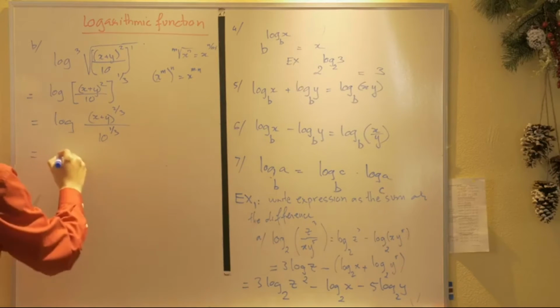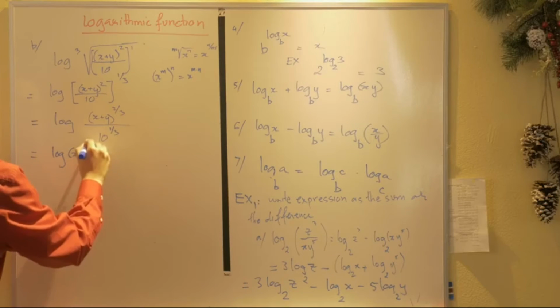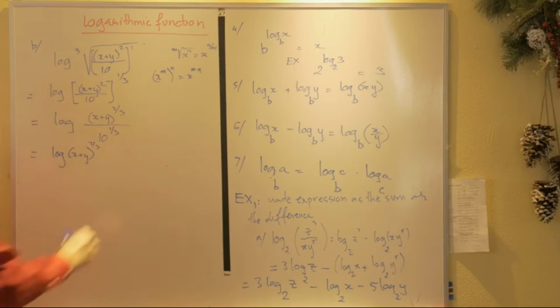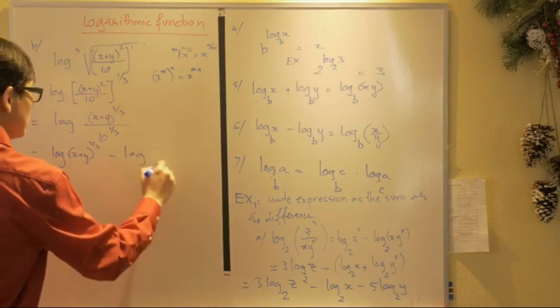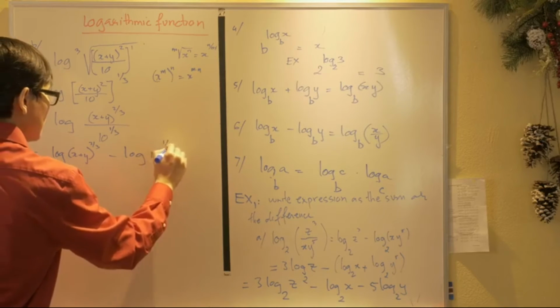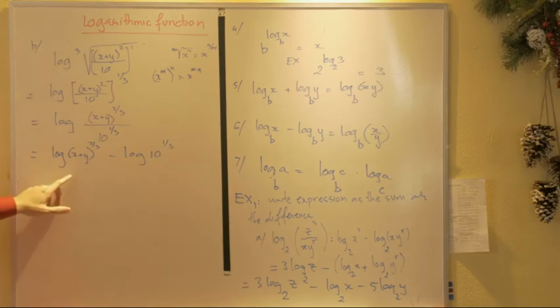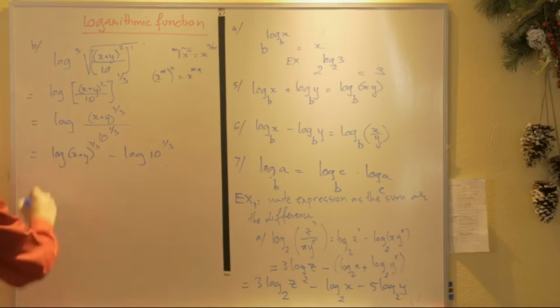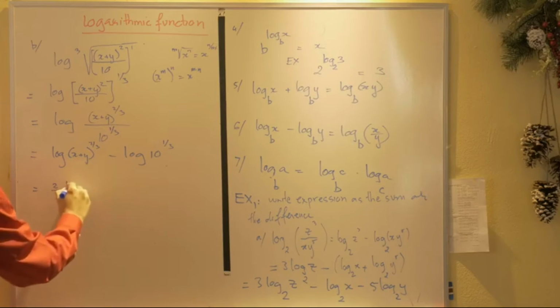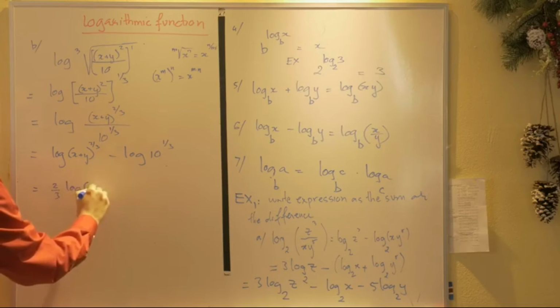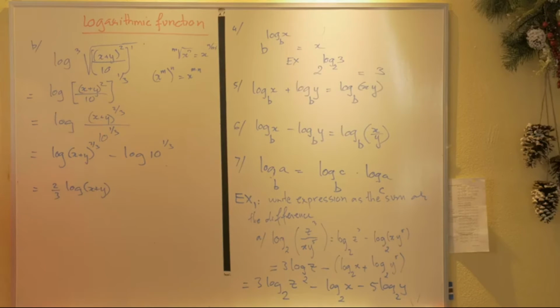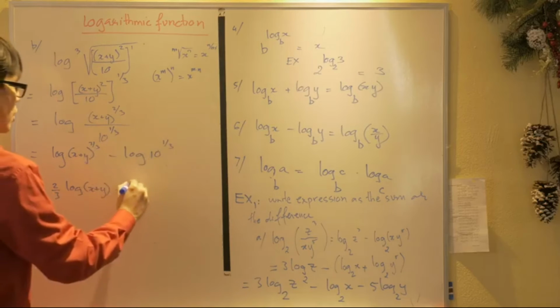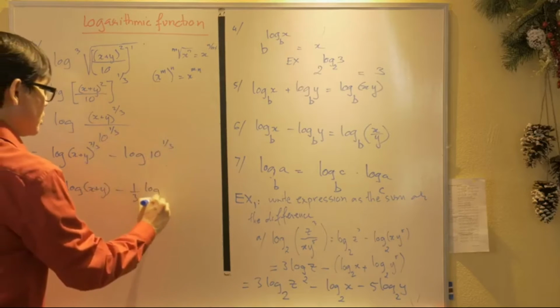So this becomes log base 10 of xy squared raised to the 3rd power minus log base 10 of 10 to the 1/3 power. And now I can apply log base a of b to the c. I can bring c to the front. So it will be 2 over 3 log base 10 of x plus y. Okay. Bring it up, 1 over 3 log base 10 of 10.